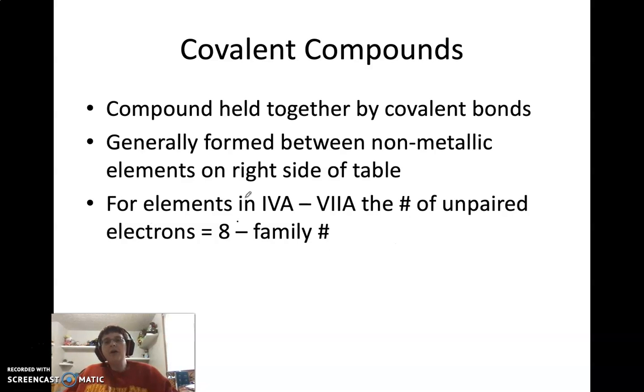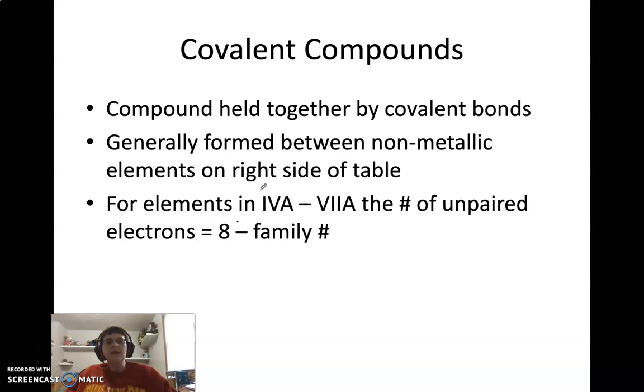So how do you figure out what the number of unpaired electrons is? Well, for elements in family 4 through 7, the number of unpaired electrons is 8 minus the family number.